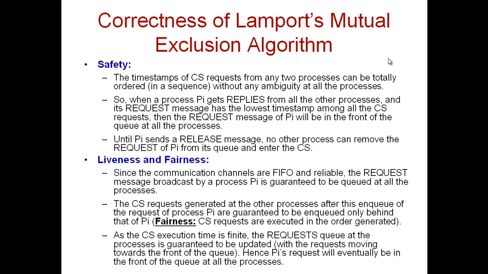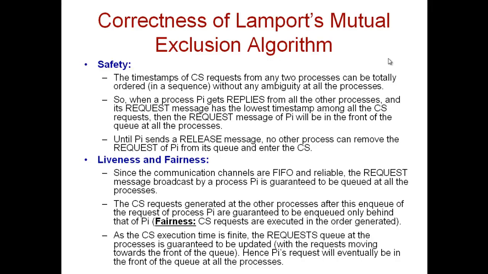In terms of liveness, what it means is that a process that has made a CS execution request should eventually be able to access the critical section. Again, the process requests are ordered in the increasing order of timestamps. So if a process has made a CS execution request and another process makes a request after this, and since the communication channels are FIFO and reliable, a request message sent by a process will definitely reach the other processes, and the reply messages are going to reach back these processes.